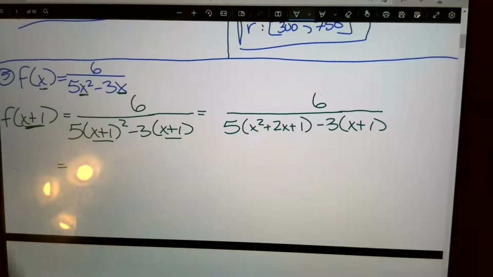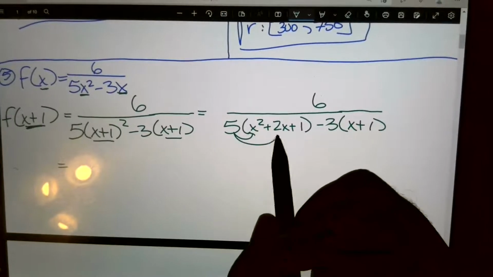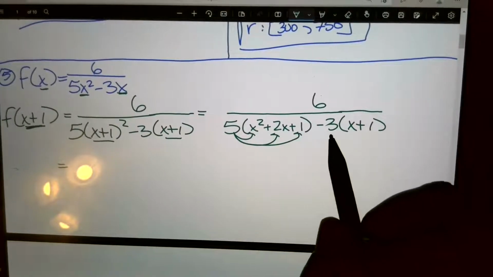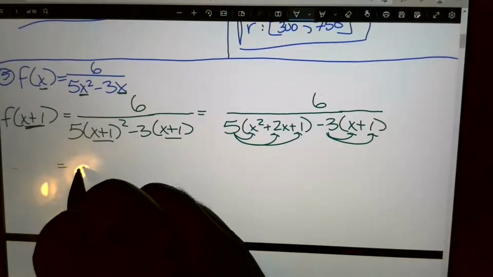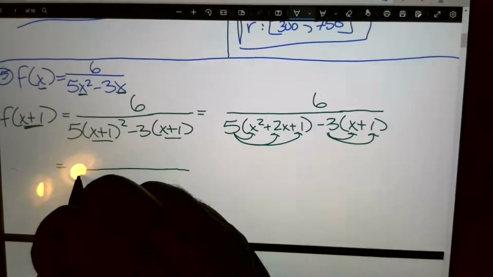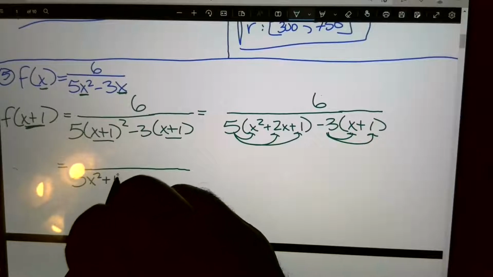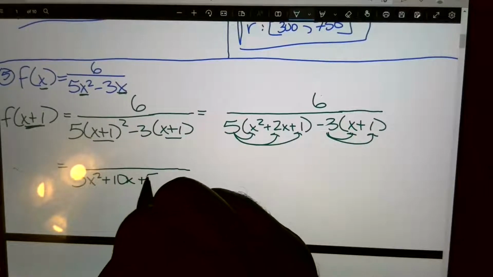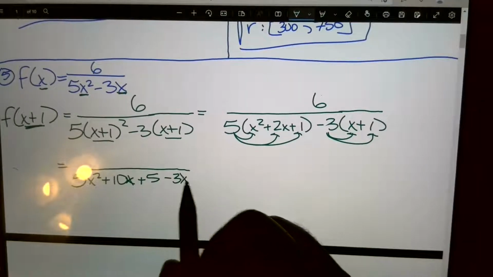All right, then we're going to distribute this 5 to everything, and this minus 3 to everything. Don't let this fraction bar bother you; it's just kind of there. 5x squared plus 10x plus 5, minus 3x minus 3.